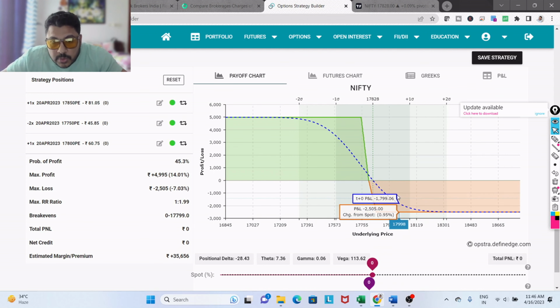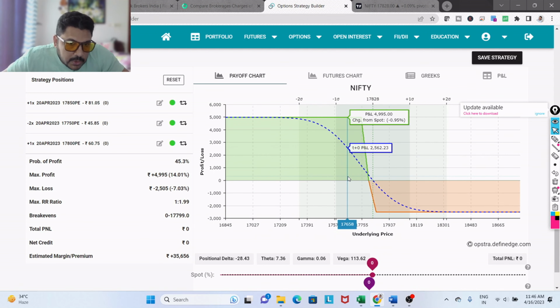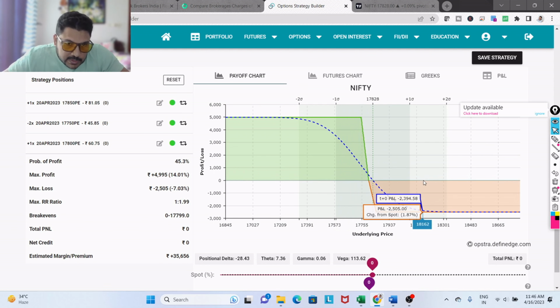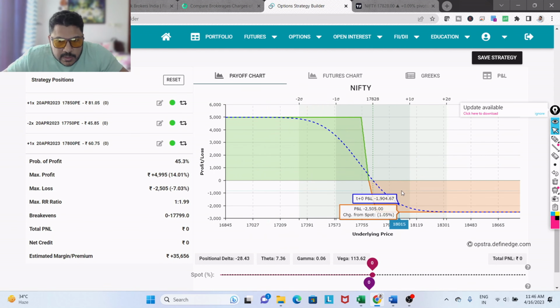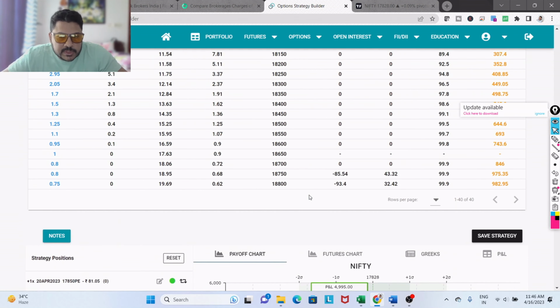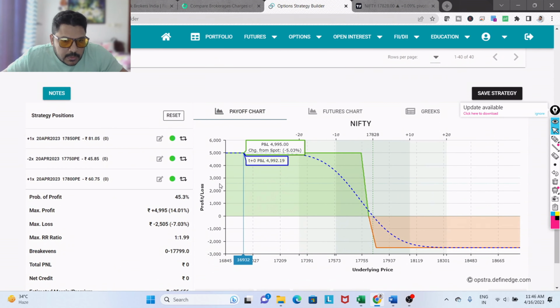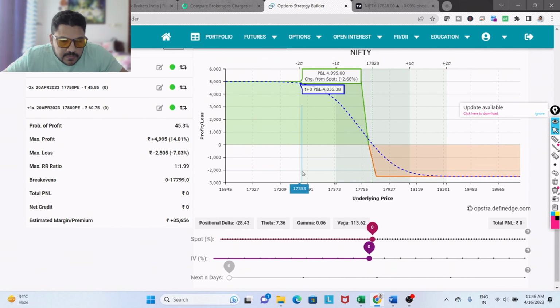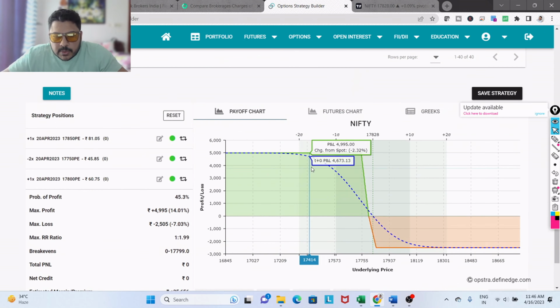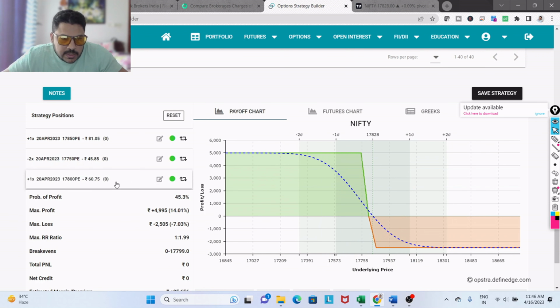In case you go wrong, you can hold on without a stop loss for a week, and if it makes a profit, you can make a profit of 5,000, a decent 14%. So like this you can make simple strategies. Go for hedge strategies where you don't put stop losses, because stop losses are usually visible to the institutions. They can start coming onto your trades.